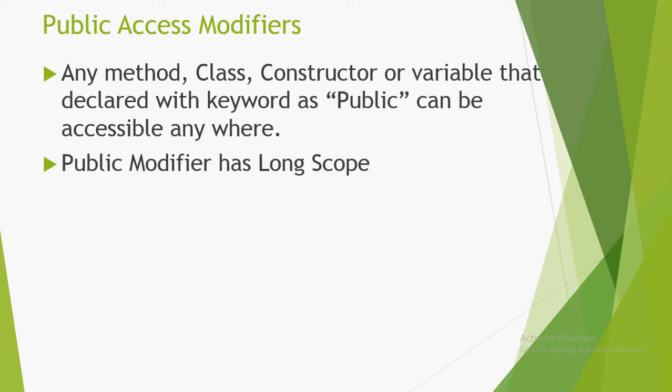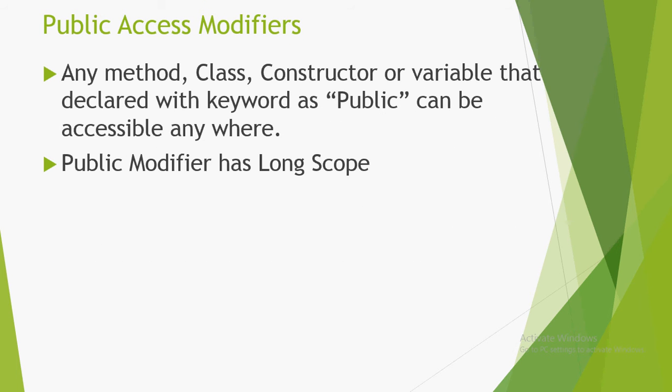If we declare any method, class, constructor or variable with the public keyword, then it will be accessible everywhere. So that modifier will come as the public access modifier.